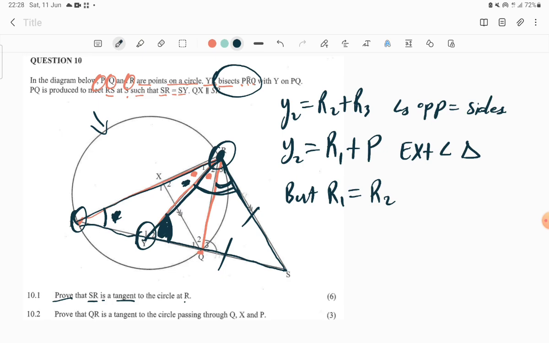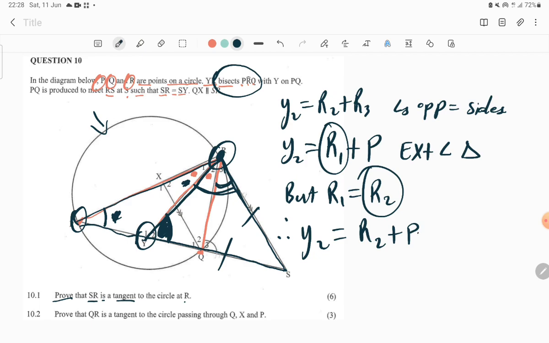In the place of R1, I can put R2 because this angle is equal to this angle. So Y2 is equal to R2 plus P. This is what we have.